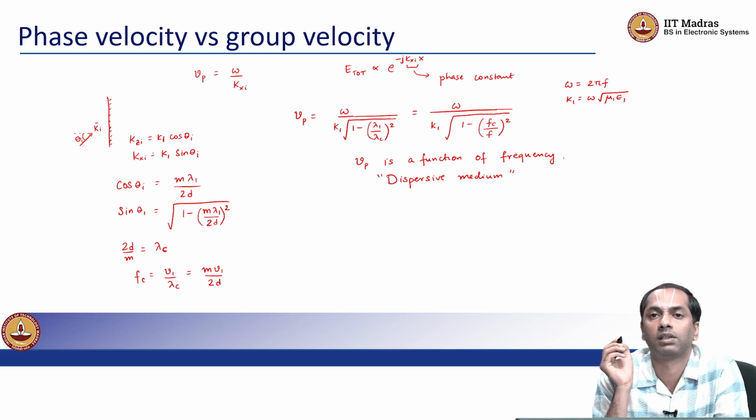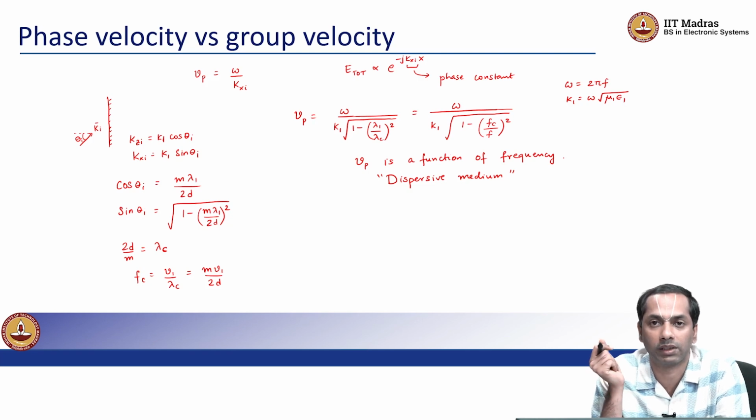Remember, the dielectric has not suddenly become dispersive. The movement of electromagnetic fields within a bounded medium, a dielectric that is bounded by perfect conductors on two parallel planes, shows that the velocities are now functions of frequency.